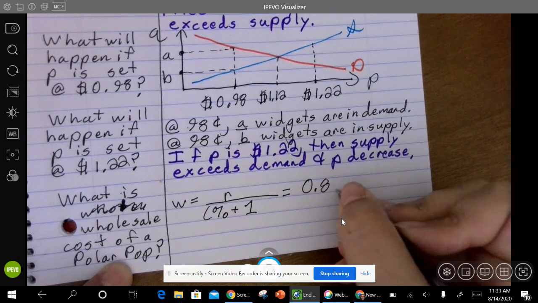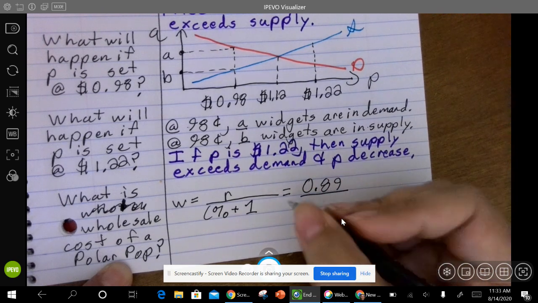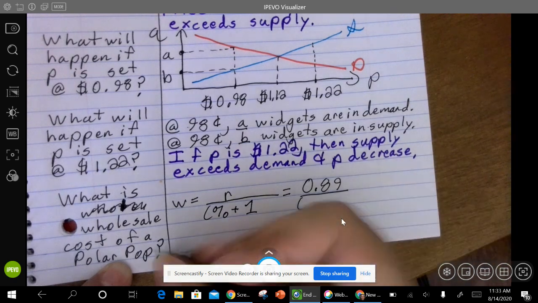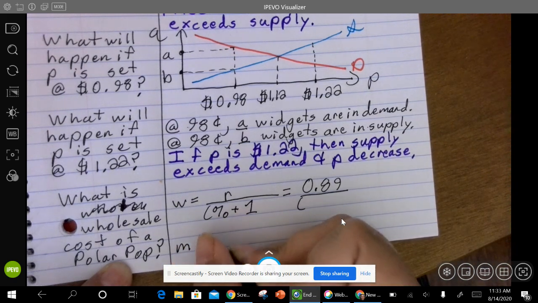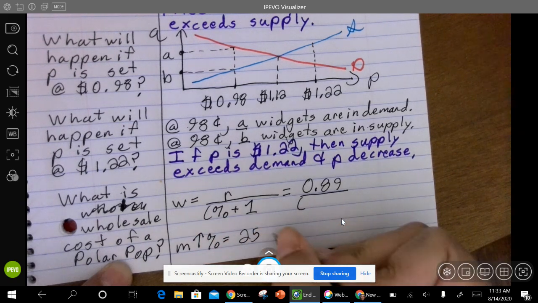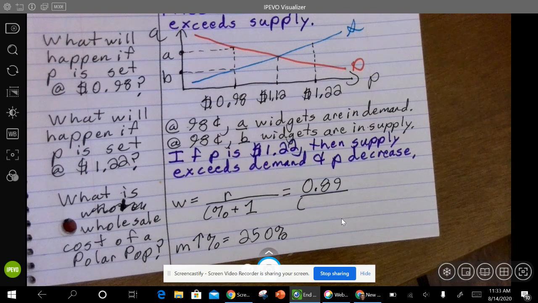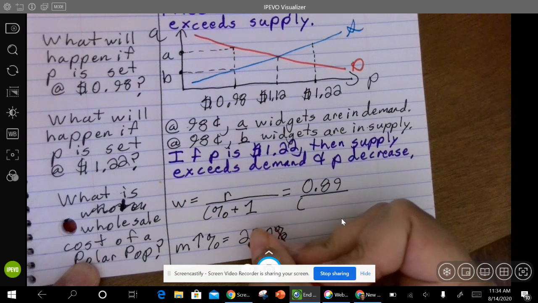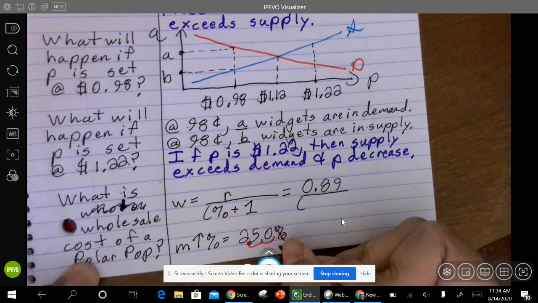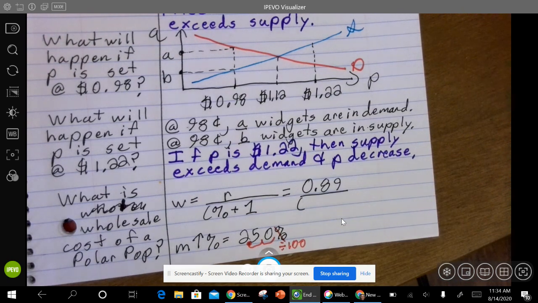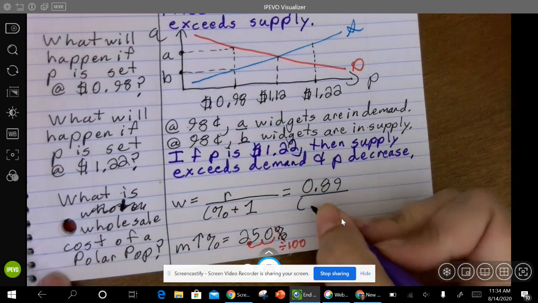So let's say it's 89 cents, so you pay 89 cents. The markup, okay, so the markup percentage is 250%. Okay, so remember, drop the percent sign and move it to the left, okay? Or you can always divide it by 100, whichever works for you, everybody.